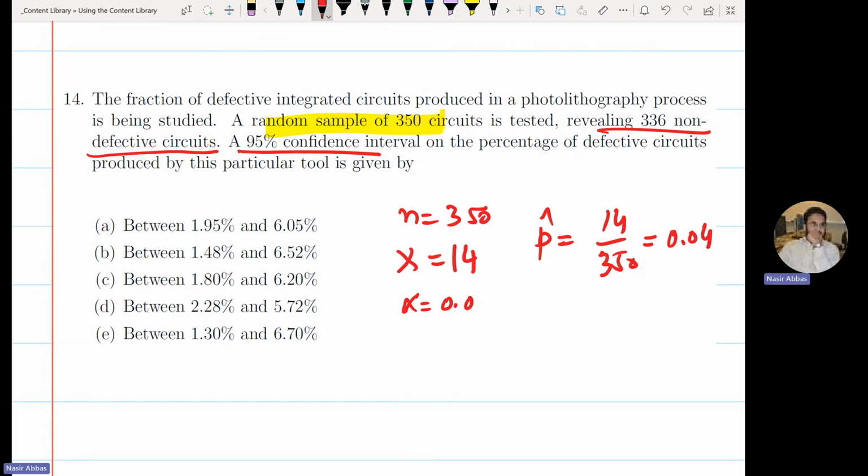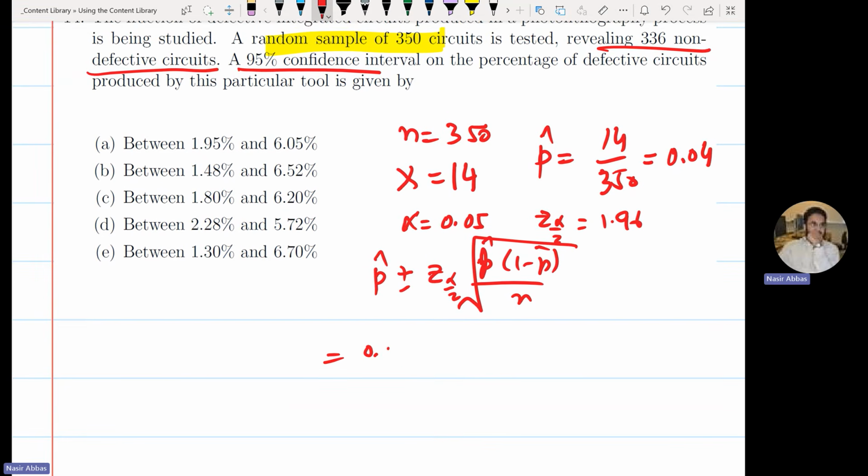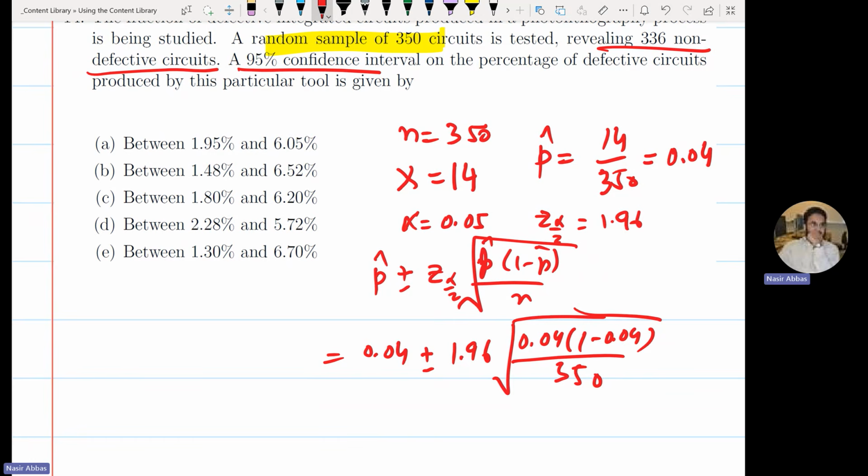Alpha is 0.05, Z alpha by 2 will be 1.96. The confidence interval is P hat plus minus Z alpha by 2 square root of P hat into 1 minus P hat over N. This will be 0.04 plus minus 1.96 square root of 0.04 times 1 minus 0.04 over 350. This will give you 0.0195 and 0.061.